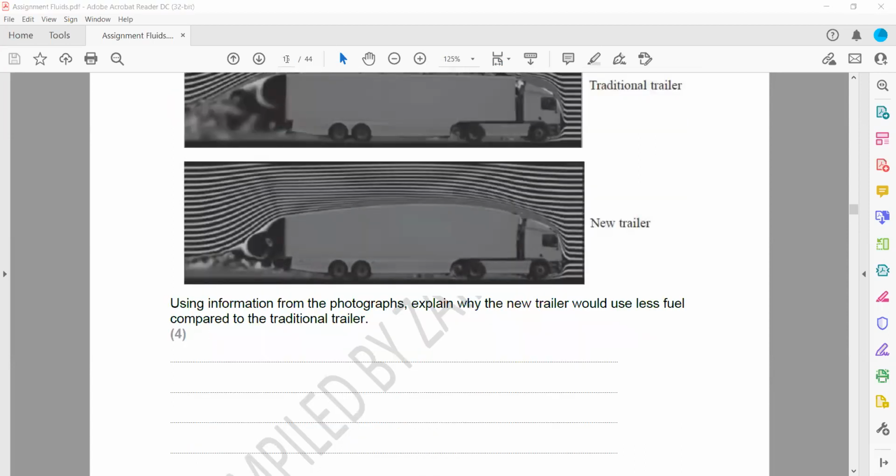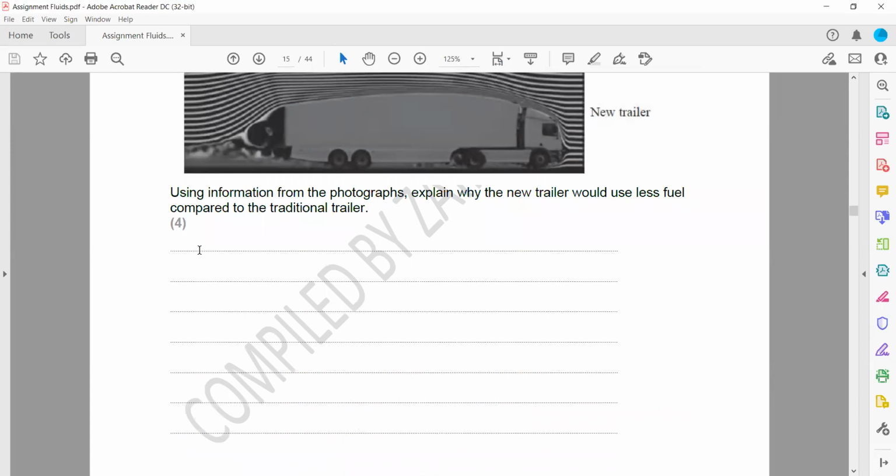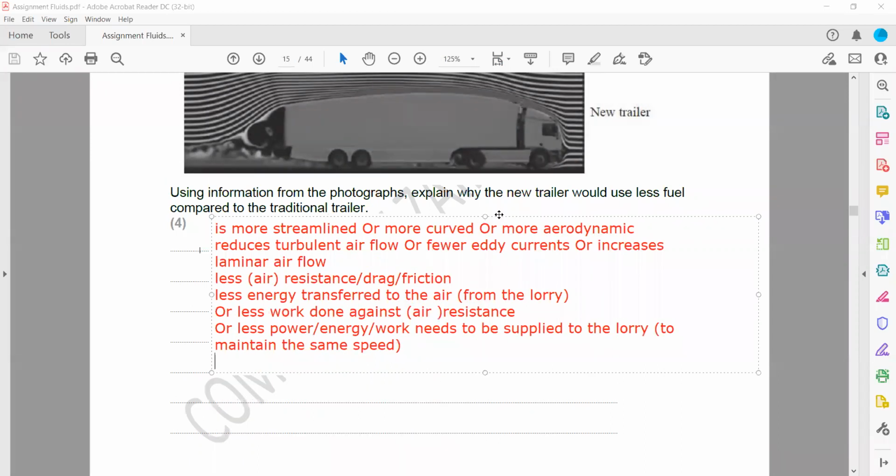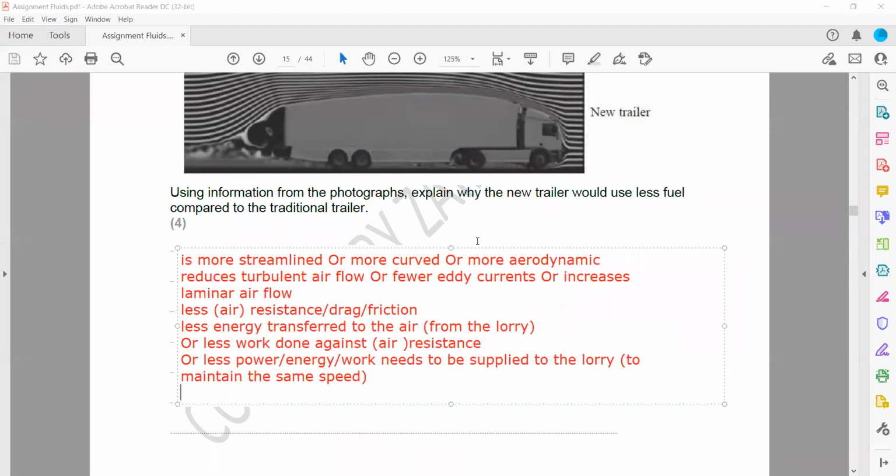So when the air resistance decreases, less energy is wasted. These are the points you have to keep in mind. The new design is more streamlined, more curved, more aerodynamic, you can use the term. When the shape supports the motion, we call that aerodynamic, like aircraft, airplanes, jets.